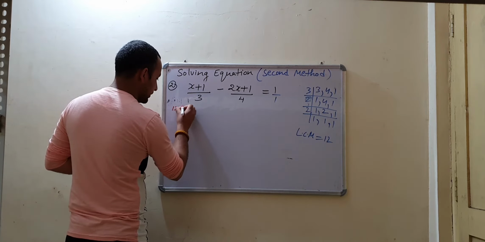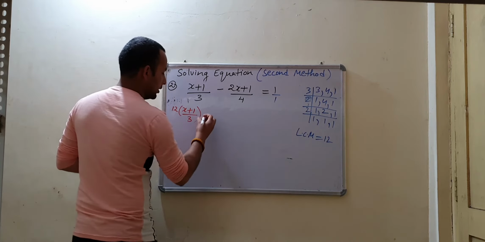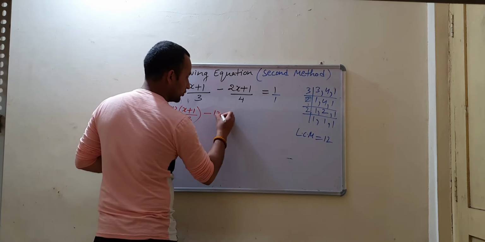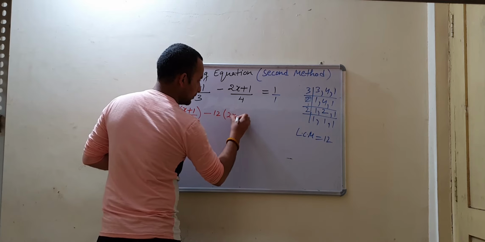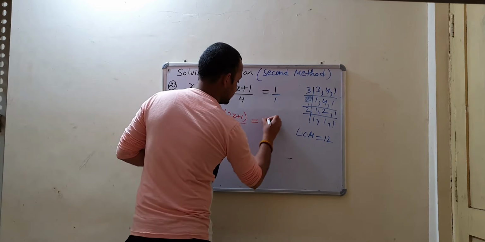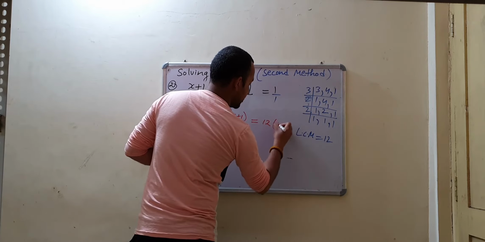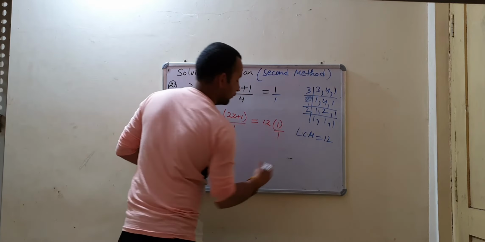So 12 times x plus 1 divided by 3, minus 12 times 2x plus 1 by 4, equals 12 multiplied by 1 divided by 1.